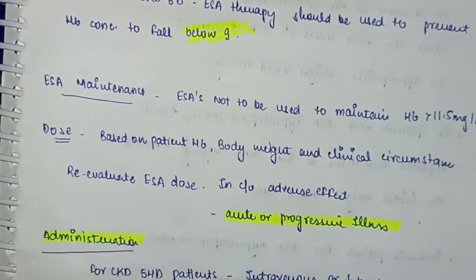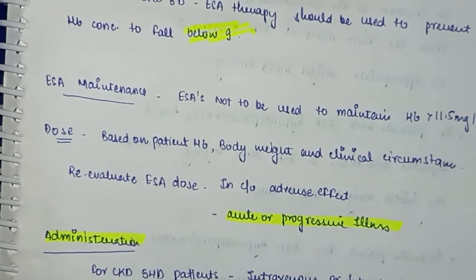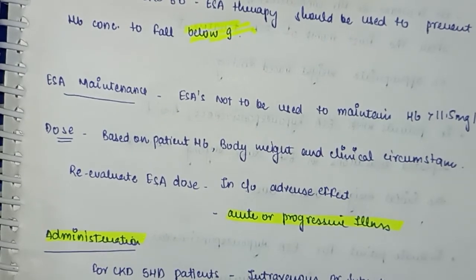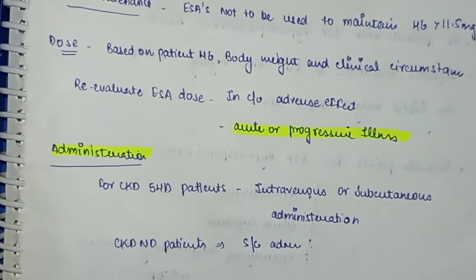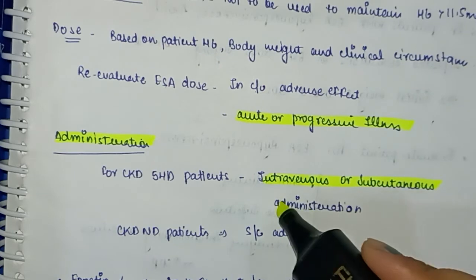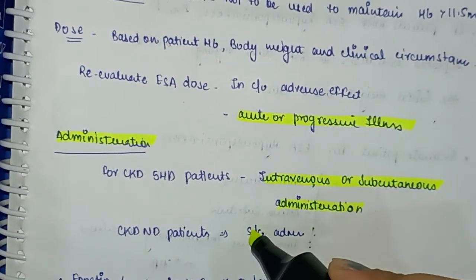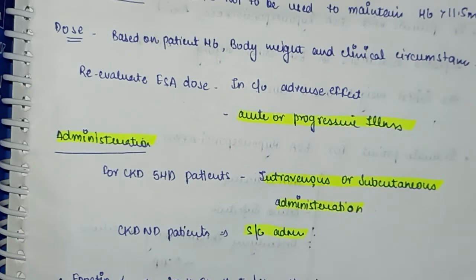So what are the various options available to us among erythropoietin stimulating agents, and how to administer them, whether IV or subcutaneous? In CKD patients on dialysis, IV or subcutaneous administration is preferred, but in CKD non-dialytic patients, subcutaneous administration is preferred.